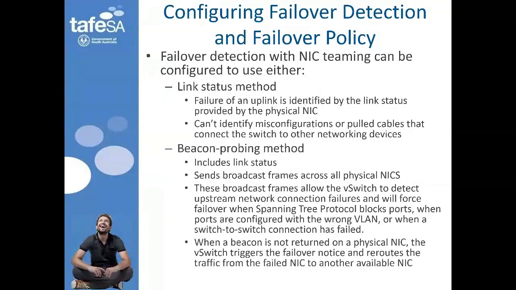What about the other method, the beacon probing method. This also uses the link status, which is fine, but it also sends a broadcast frame across all network NICs. So if I've got 2 network cards, I send a broadcast to both. Obviously the broadcast goes through all the physical network and should come back around, shouldn't it?